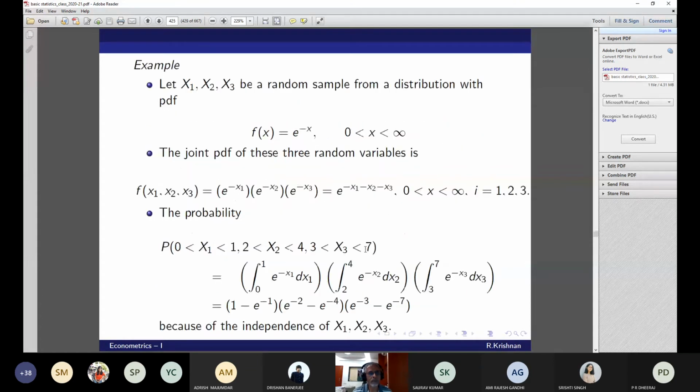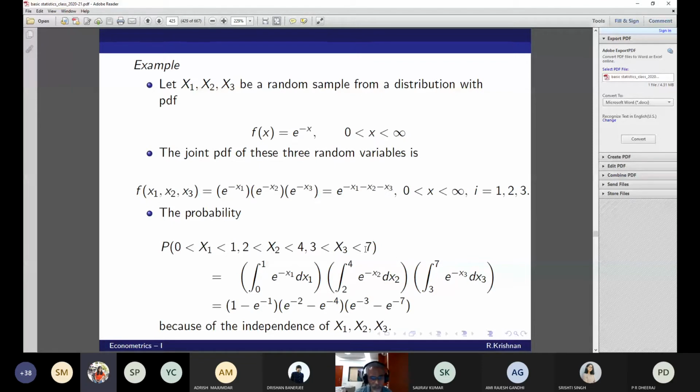Okay. Let x1, x2, x3 be a random sample from a distribution with PDF f(x) equal to e to the power minus x. If you can recall, this is called the standard exponential distribution with a parameter equal to 1. If the underlying parameter beta becomes 1, this becomes the standard exponential distribution. The joint PDF of these three random variables is this. Sir, x1, x2, x3 are independent? Yes, because that's what is given here.